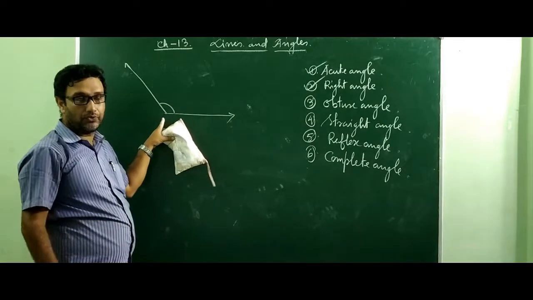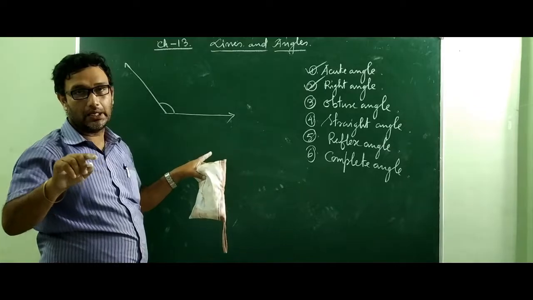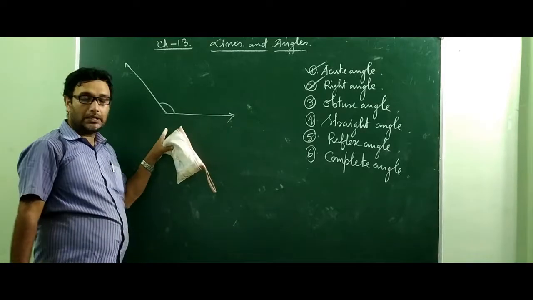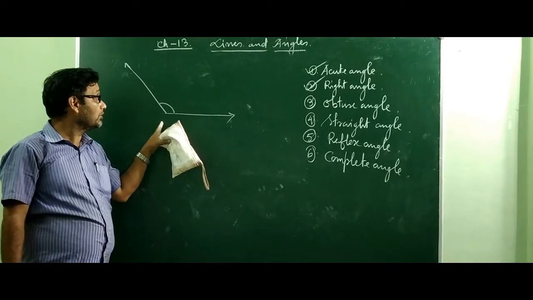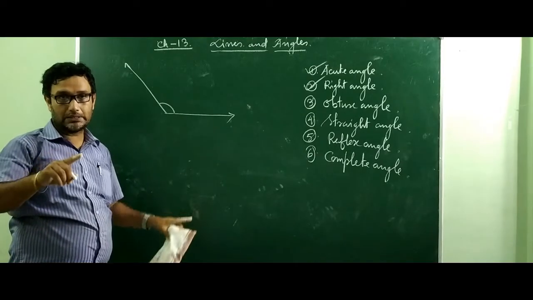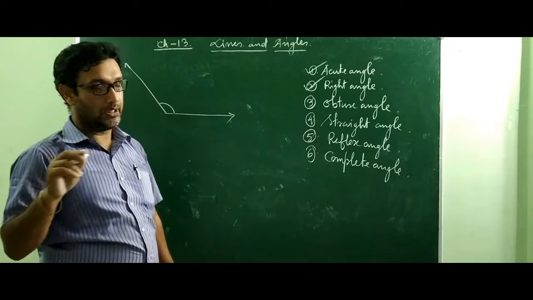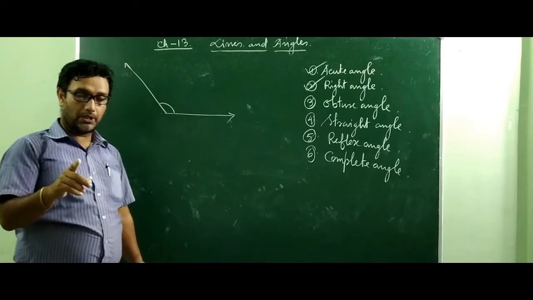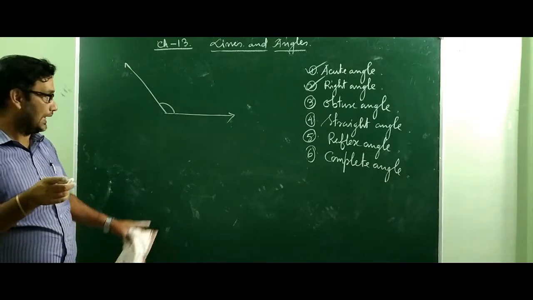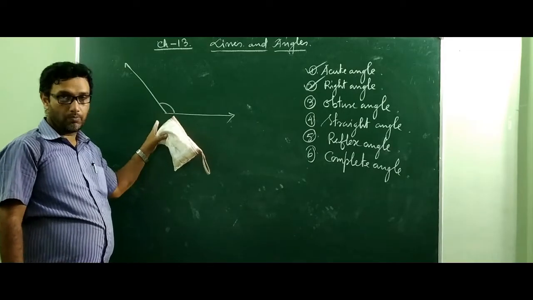That means if the measure of an angle is more than 90 degree but less than 180 degree, then that type of angle is called obtuse angle.